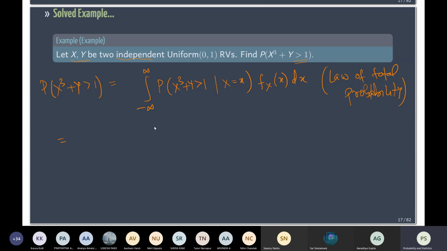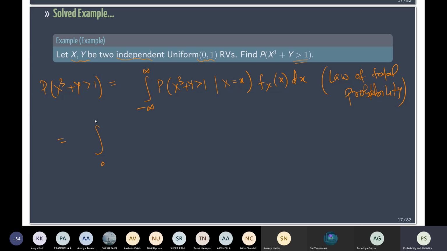Now what can I do here? X is given to be small x, and the limits also are for x, which is uniform between 0 and 1.